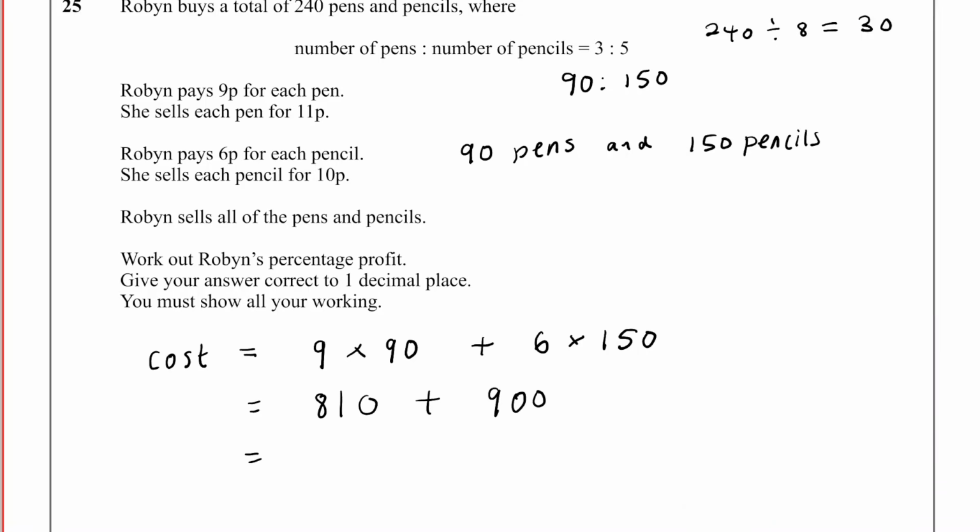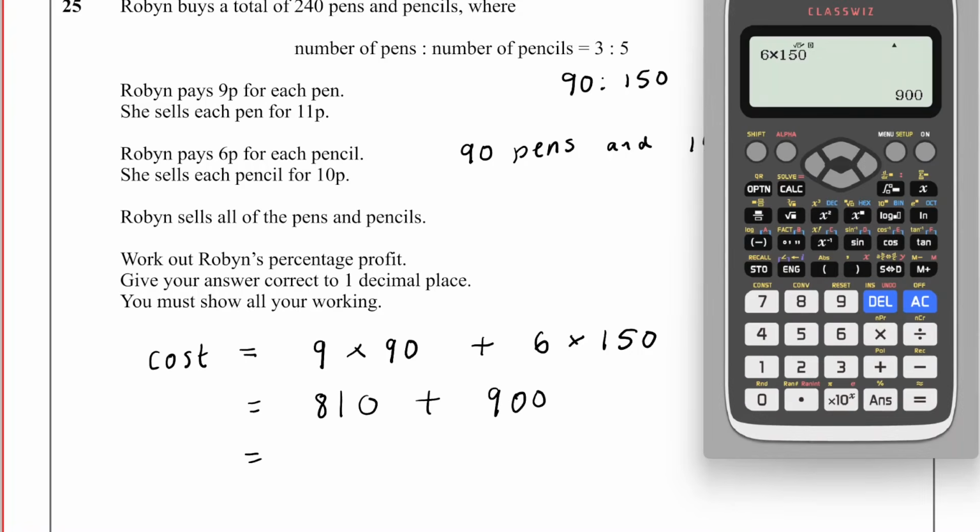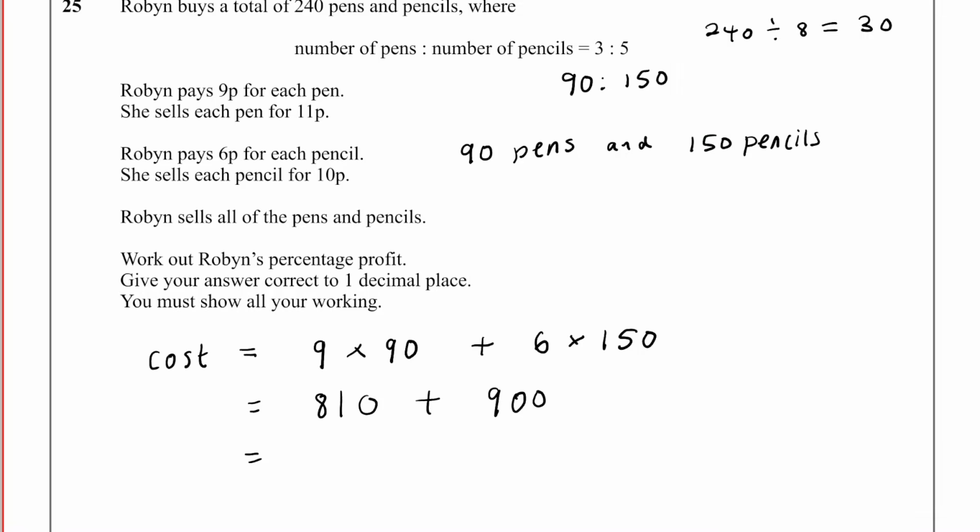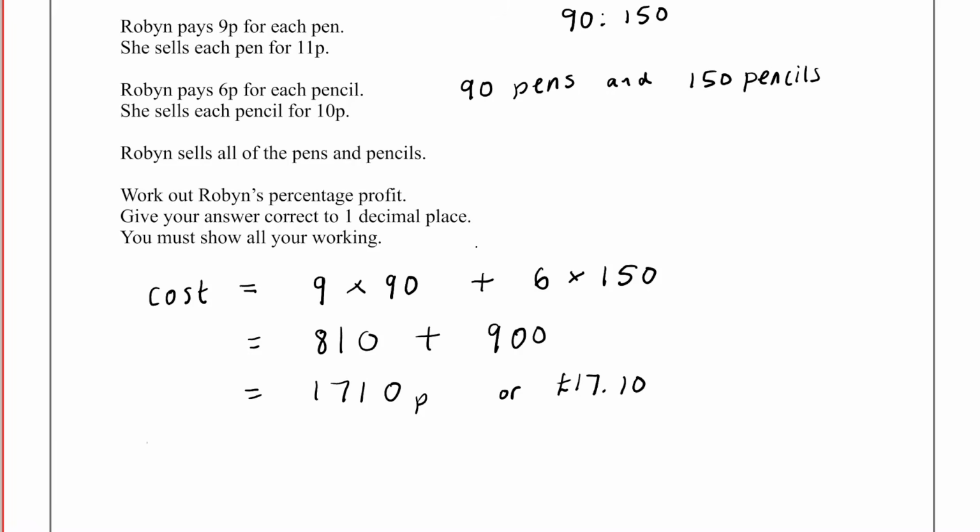So the total cost is 810 plus 900, which is 1,710p, or £17.10. How about how much money she gets? So I'll write income, how much she receives.